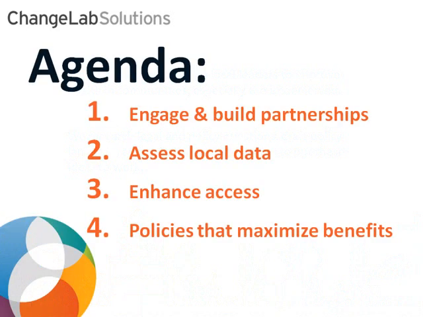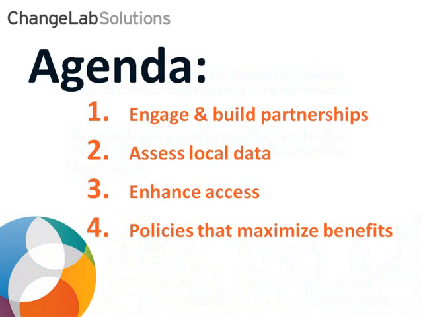Today we're talking about 4 steps to develop successful farmers markets for low-income communities. Step 1 is engaging with community partners to identify opportunities and champions. Step 2 is assessing information about your local community so that your farmers market strategies fit local needs. Here we'll also discuss how to identify markets that are located in locations eligible for SNAP interventions.